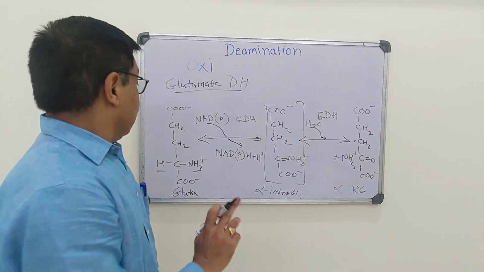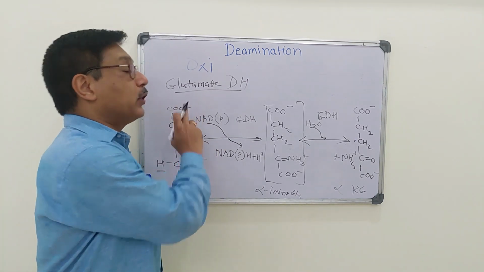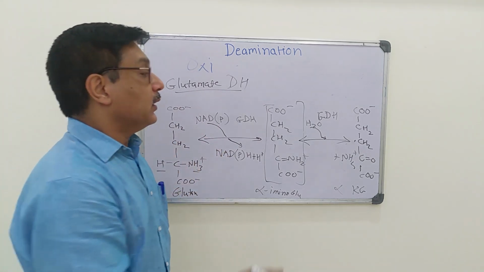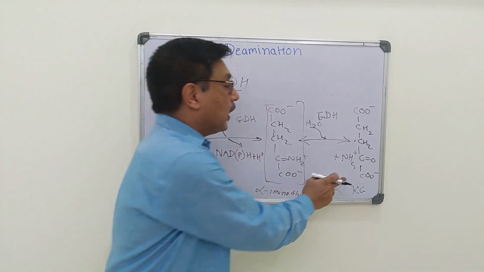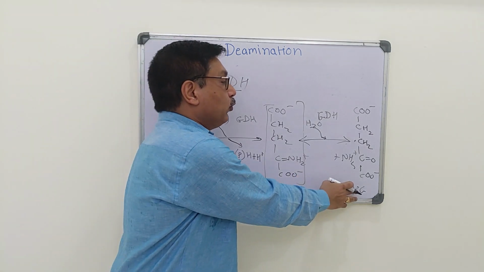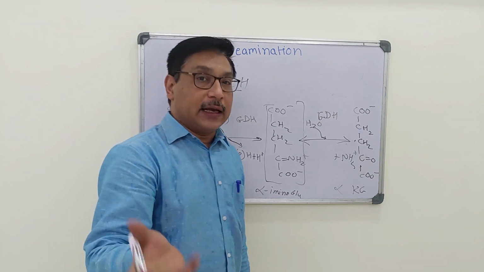Now this reaction of oxidative deamination by glutamate dehydrogenase links glutamate metabolism to Krebs cycle through alpha ketoglutarate. This alpha ketoglutarate can enter into Krebs cycle, thereby it can generate energy.